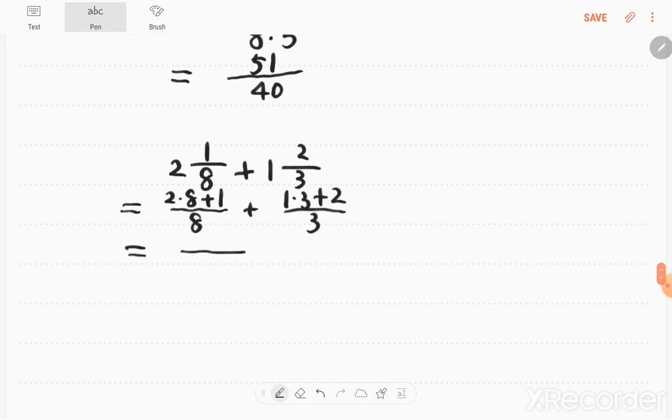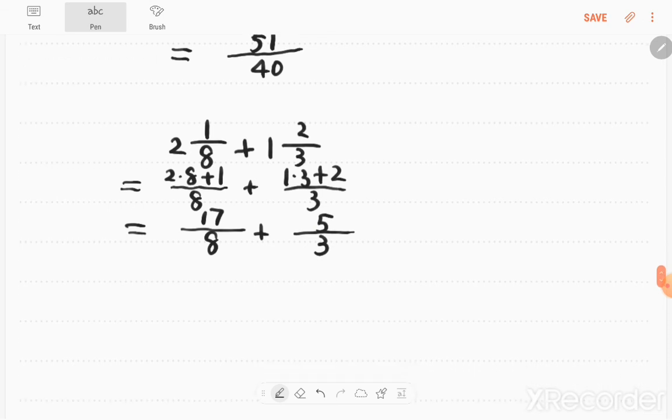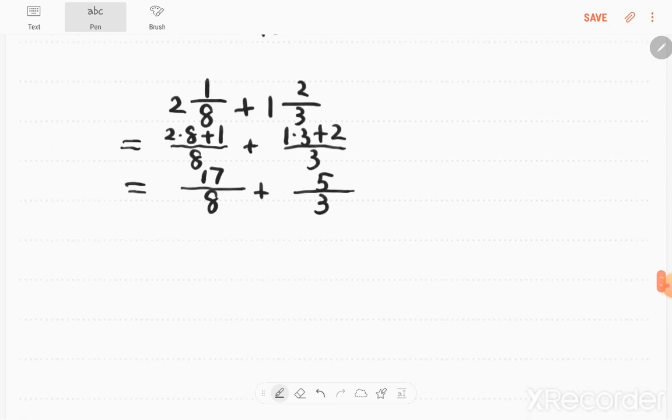So we will get 17 over 8 plus 5 over 3. So it's not the multiplication, so we cannot do 8 plus 3 or 17 plus 5 because the denominator is not the same.